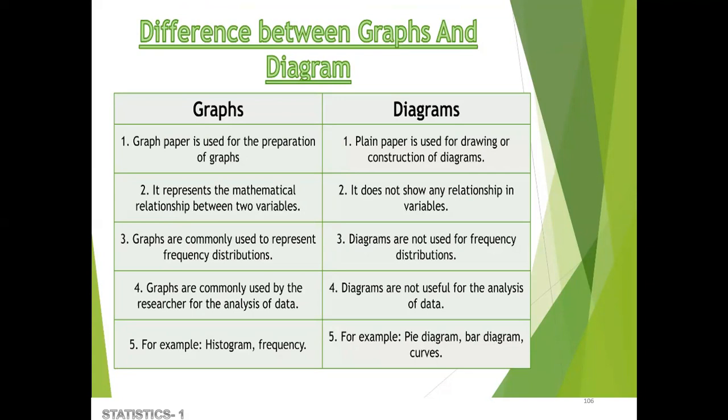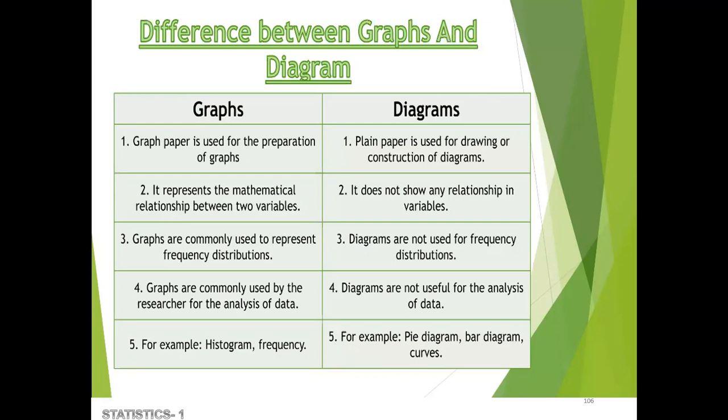In the case of graphs, they represent the mathematical relationship between two or more variables: which is the independent variable, which is the dependent variable, and how the dependent variable depends on the independent variable. These relationships you can represent easily in graphs, whereas diagrams do not show any relationship between the variables.